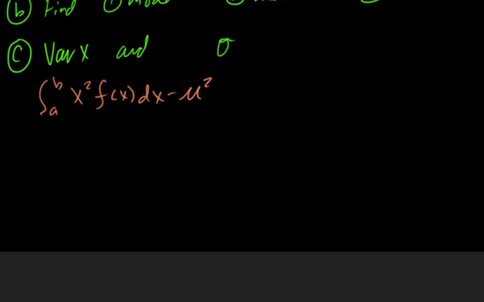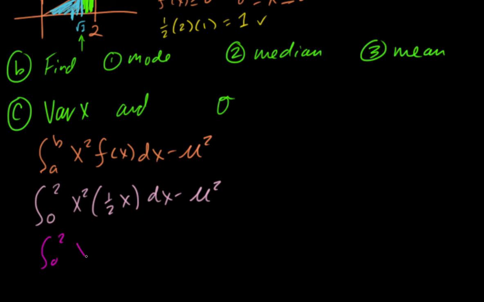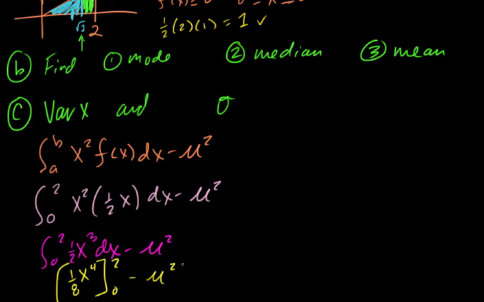Okay. So just focus on the variance first. And so a to b is 0 to 2. And then we do x squared times 1/2 x. We simplify that. It's going to be 1/2 x cubed dx minus mu squared. So we raise this to 4, divide it, it's 1/8, evaluate from 0 to 2, and minus mu squared.